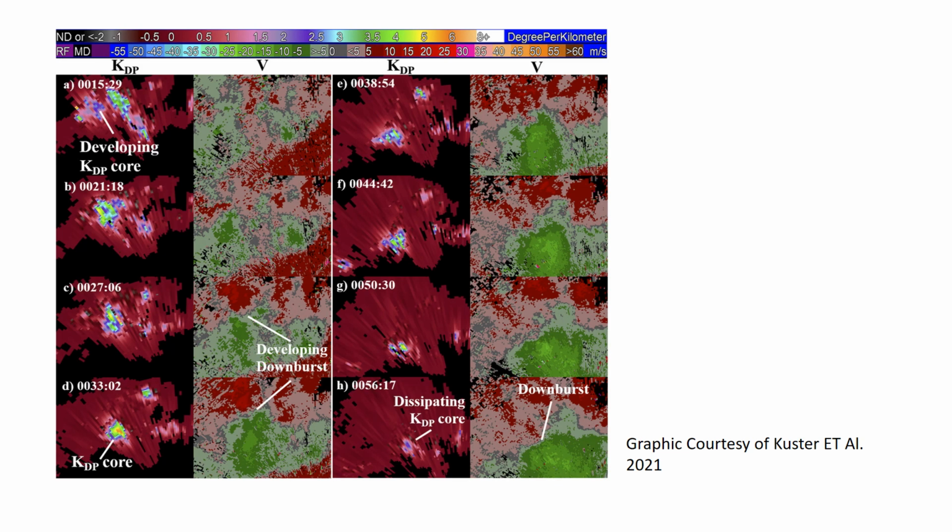That is a fully mature KDP core. So pretty much in between box D and box H, which can be as long as 30 minutes, as I said on the previous slide, is the main window for when a potential downburst or microburst could occur.